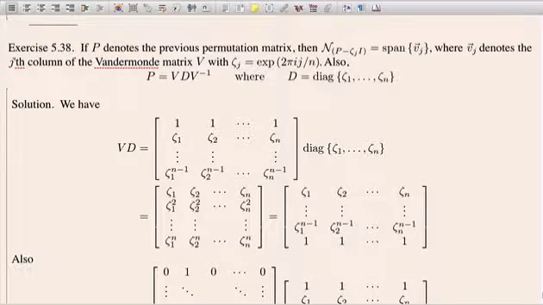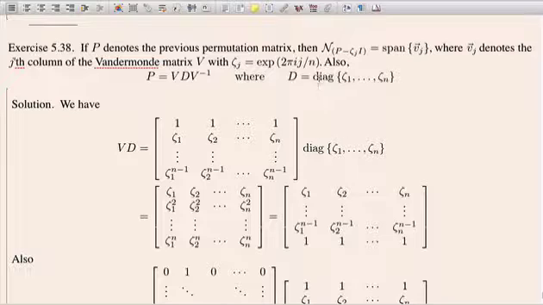So the solution for this is that we write down what V times D is. Actually, we start with the right-hand side. So V was this Vandermonde matrix, and now instead of lambdas, we use the roots of unity, zeta 1, zeta 2, zeta n.